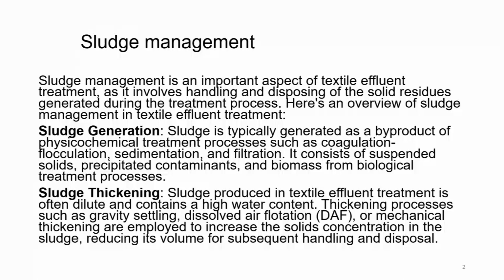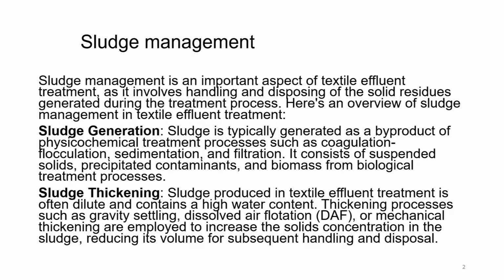nuances of sludge management. Sludge management is an important aspect of textile effluent treatment, as it involves handling and disposing of the solid residue generated during the treatment process. Here is an overview of sludge management in textile effluent treatment. Sludge generation.